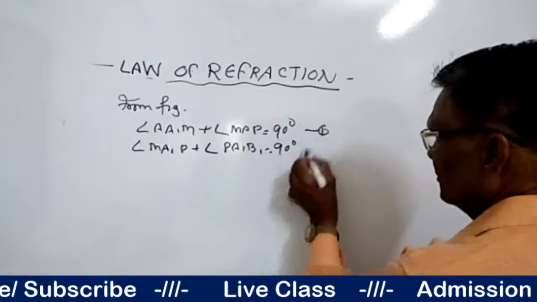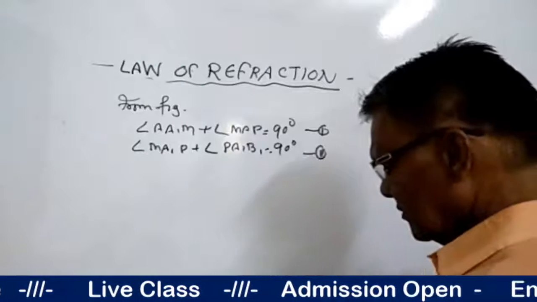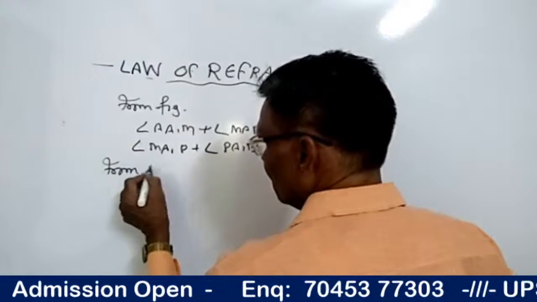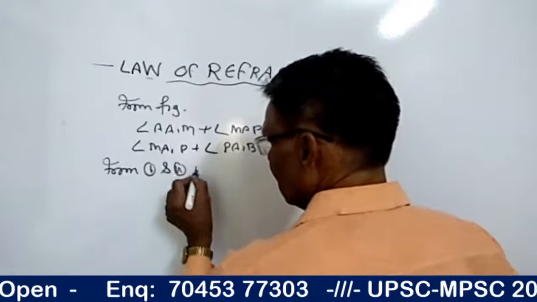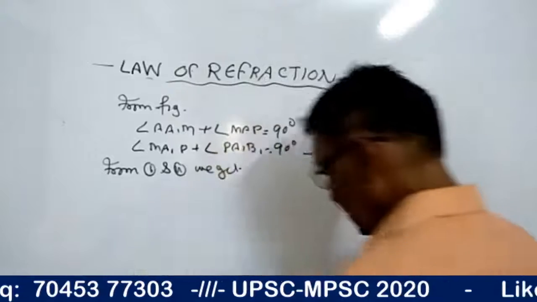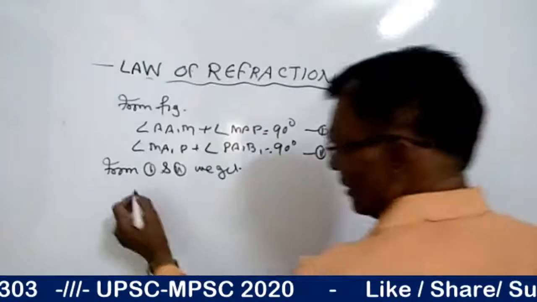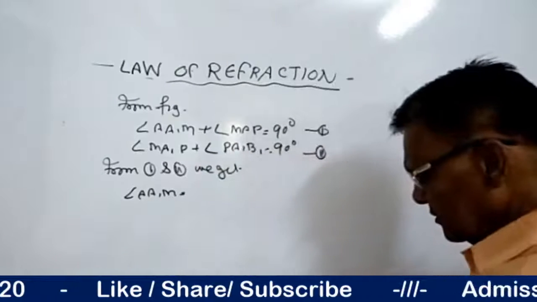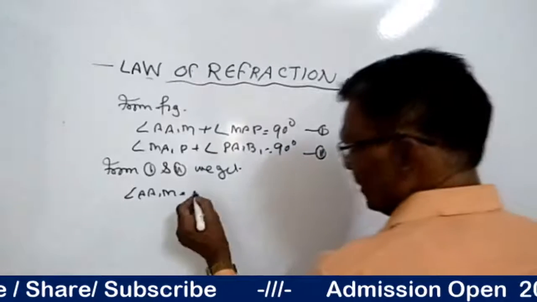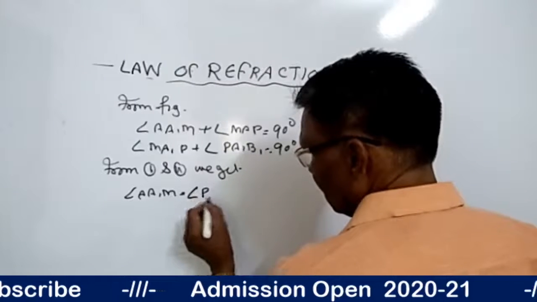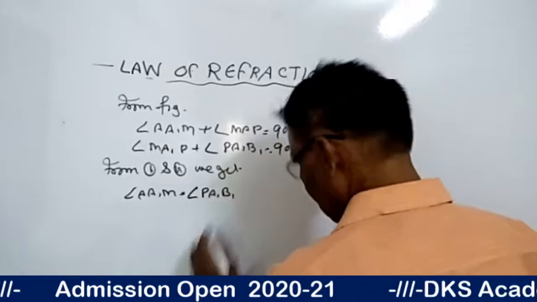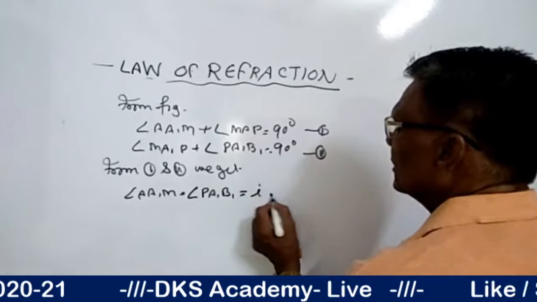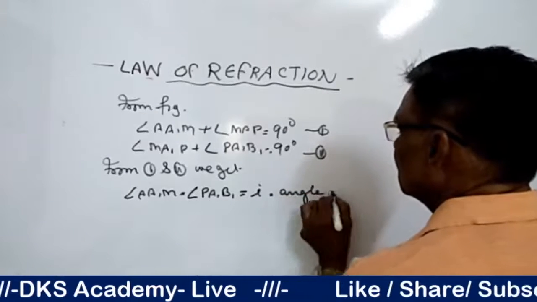This is first one, this is second one. From 1 and 2 we get angle A1MP equal to angle PA1B1, equal to i, that is angle of incidence.